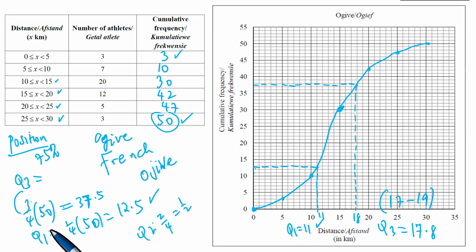And then now we have Q1. My point is you just say that because this is grouped data, you divide by 4.